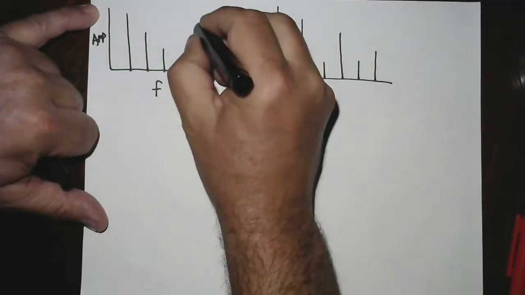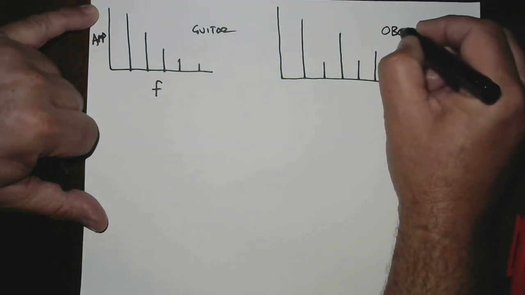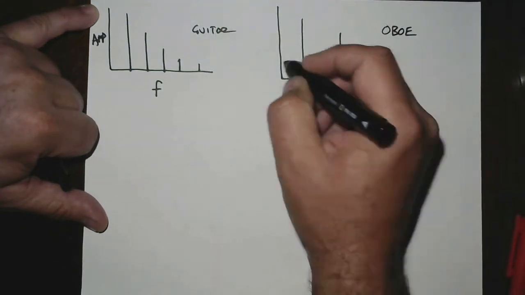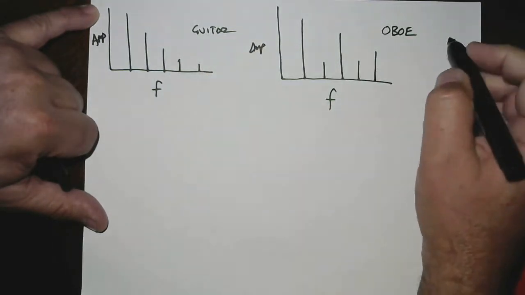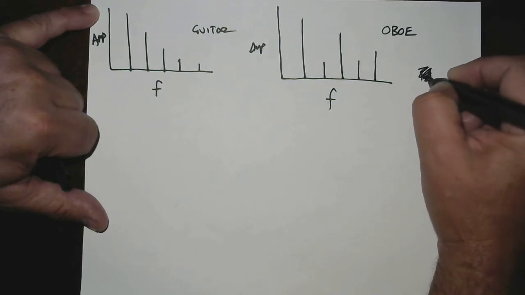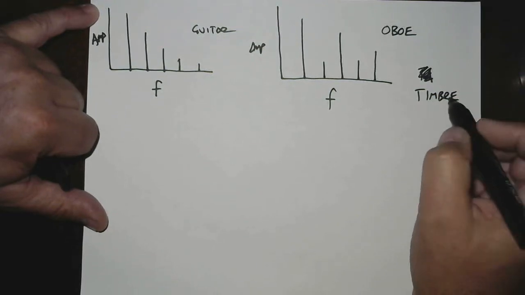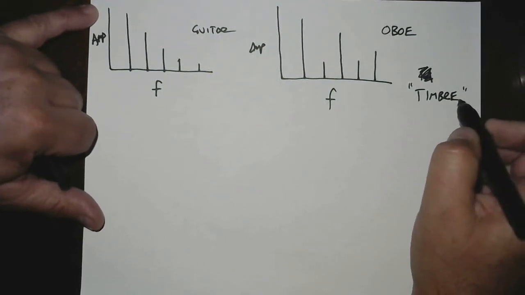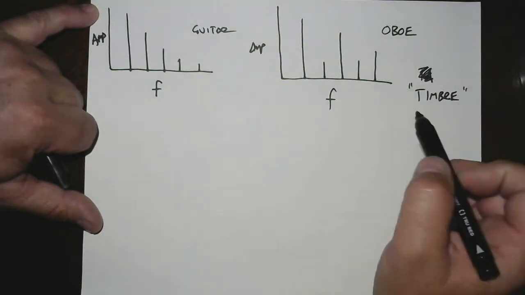So this might be a guitar sound playing a certain note, and this might be an oboe sound playing the same note. And what we can tell the difference in tone is called timbre, which is spelled timbre. And that's what lets you hear with your ears and your brain the difference between different instruments.